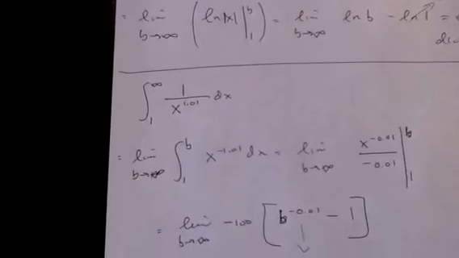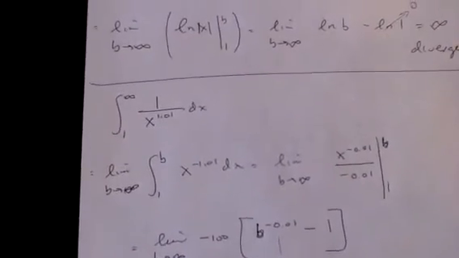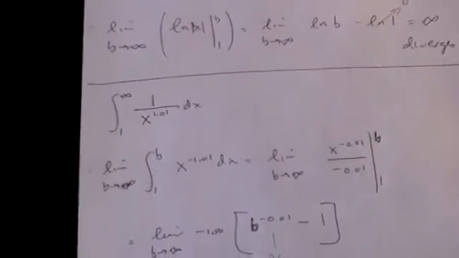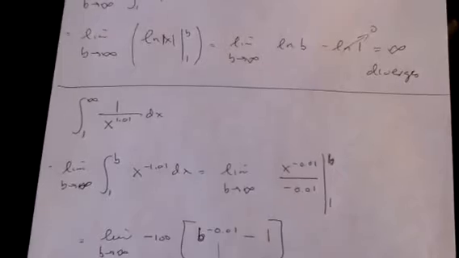But let's do it. Limit as b goes to infinity of the integral from 1 to b of x to the negative 1.01. The antiderivative, I add 1 to that negative 1.01 and divide by the negative 0.01.